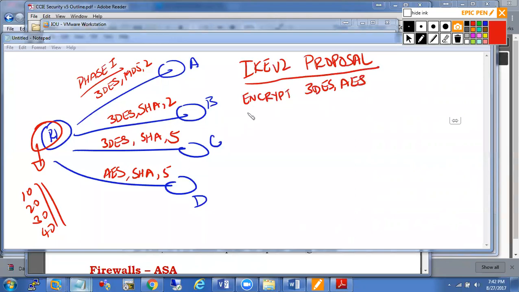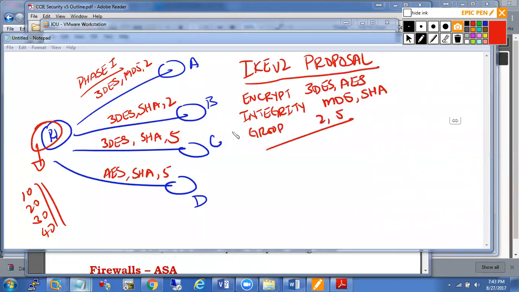My hash, which in IKE v2 is called the integrity, is MD5 and SHA. And my group is 2 and 5.